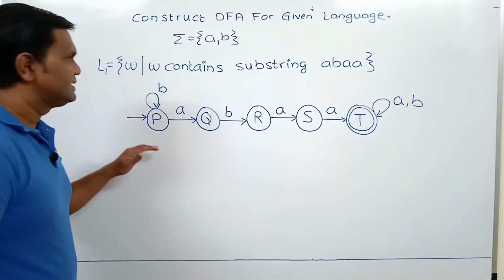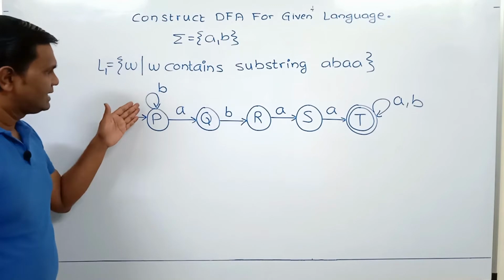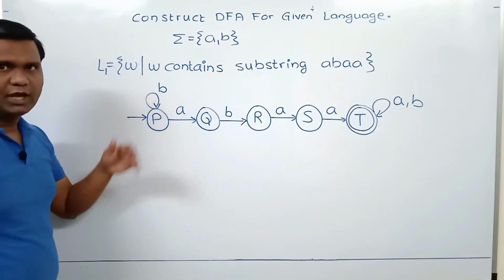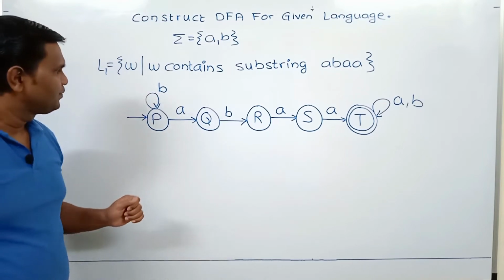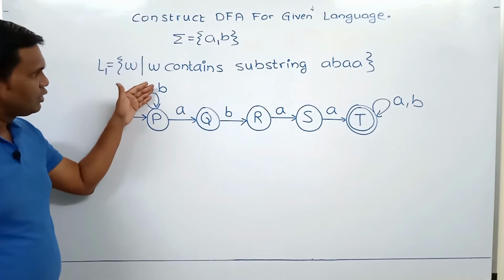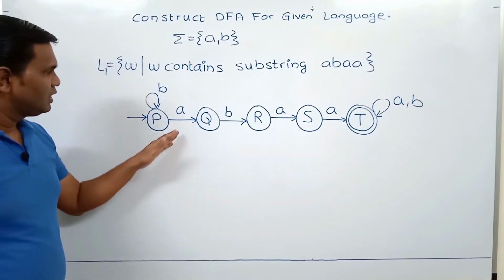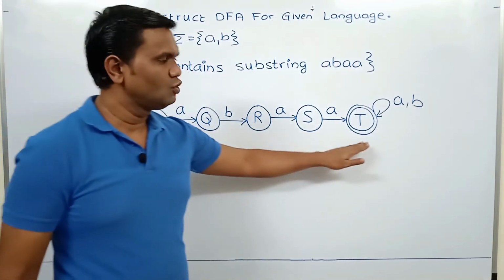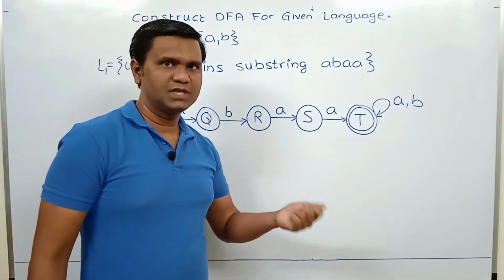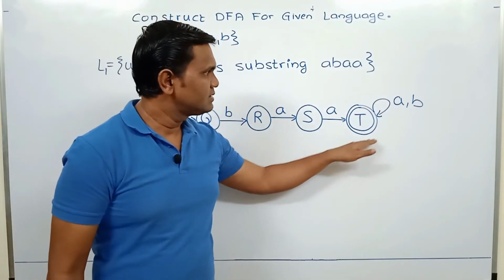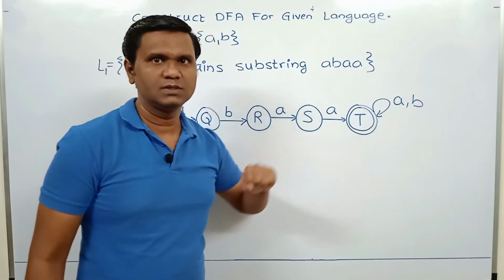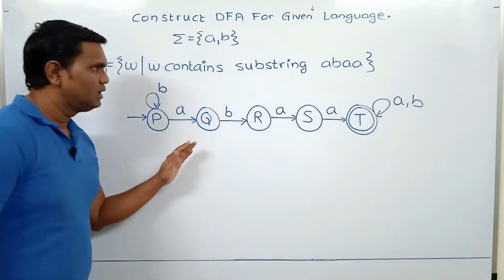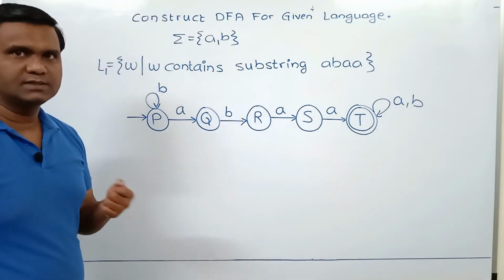Now this is the basic structure. As long as B's are coming, we cannot have substring ABAA. So here we draw a loop for B. Now if we find ABAA, we go to the final state and we find substring ABAA. So at the final state we have a loop for all the symbols. Now here we have to calculate transitions.